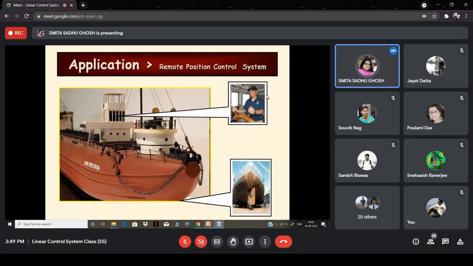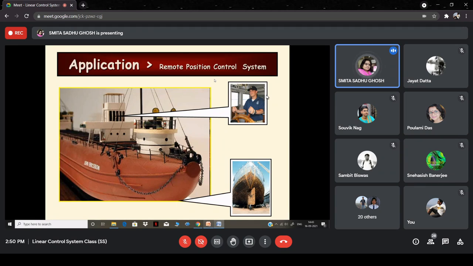Next, just coming to something before we go into the actual derivation of the model. Over here you find this is a ship, you can recognize that, and in ships, radars or dish antennas are placed on the deck, and they need to be pointing towards, say, an enemy aircraft.